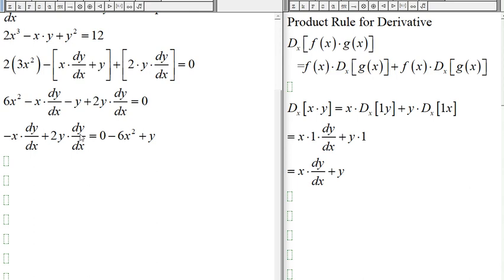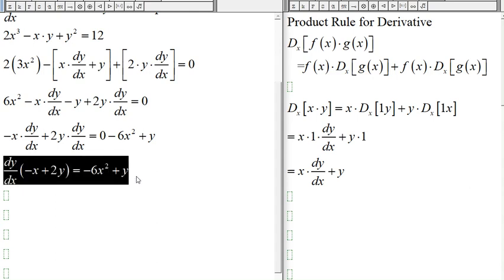And then here, the common factor is dy/dx, so we'll put that in the front. We factor out dy/dx, and what's left is negative x plus 2y. On the right side we have negative 6x^2 plus y.